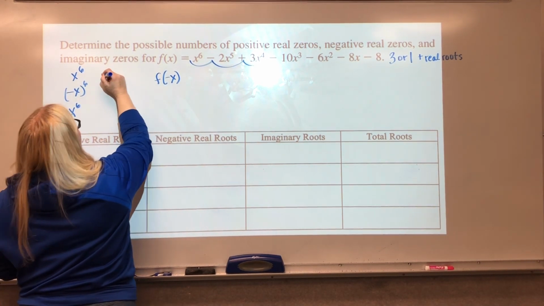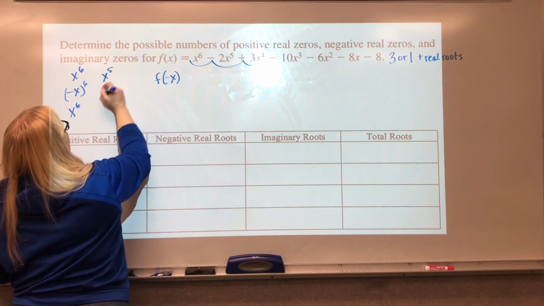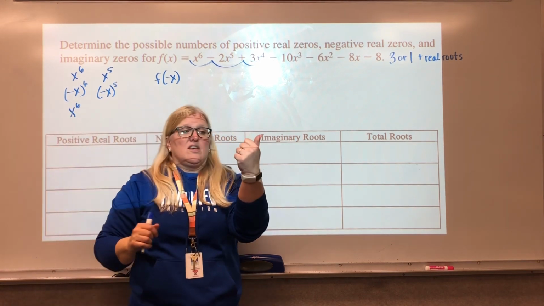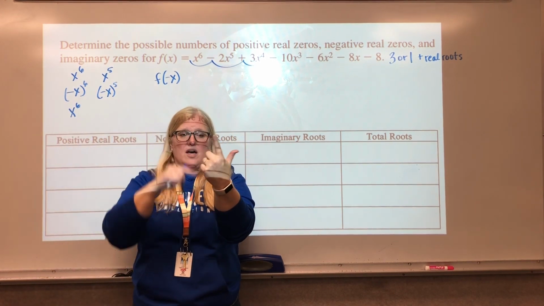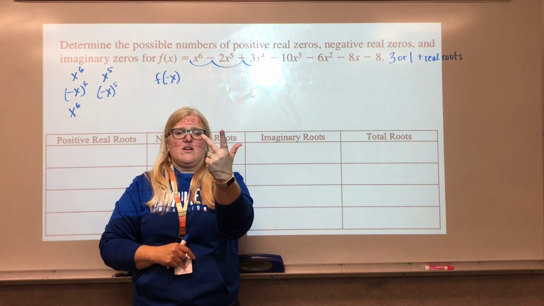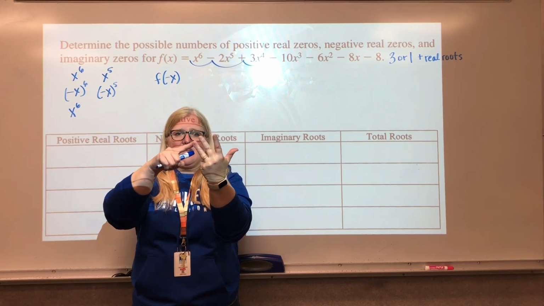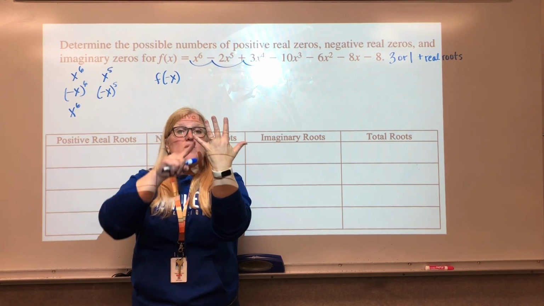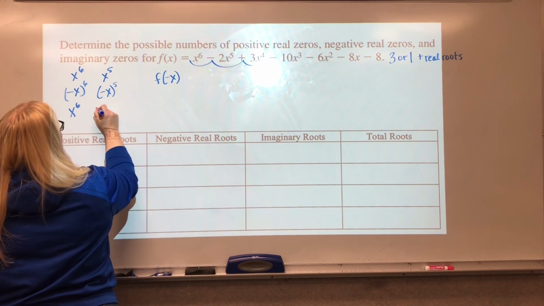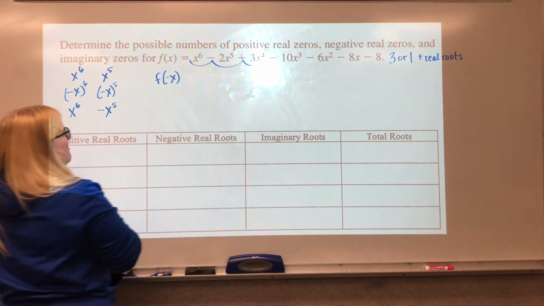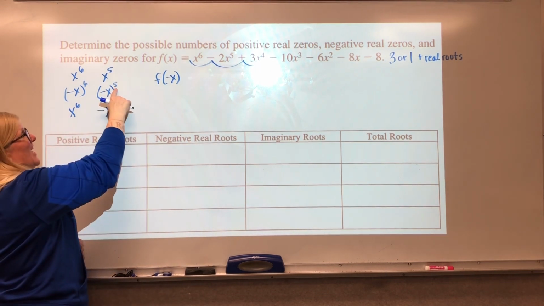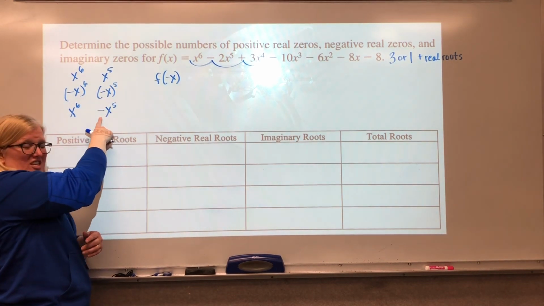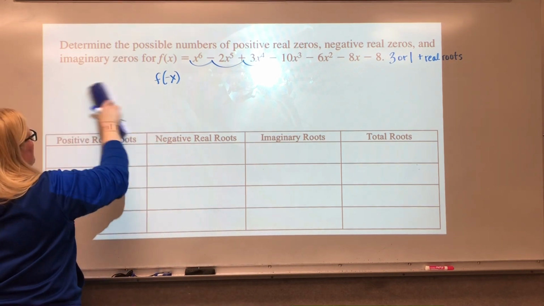Okay? If I have x to the 5th, though, and I put in negative x to the 5th, then I have negative x times negative x is a positive, times another negative x times another negative x is a positive, but then times another one is a negative. So it does change the sign. This becomes a negative x to the 5th. So if it's an odd exponent, the sign changes. Let me write that down, okay?